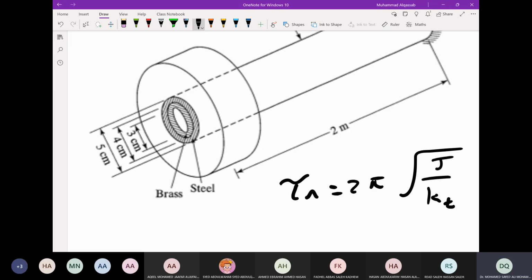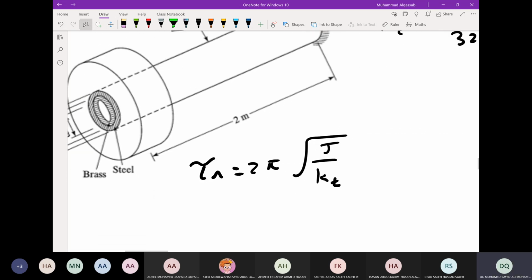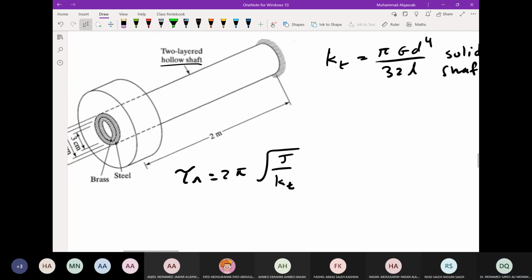So you need to find the stiffness, and those are, let's say, welded together. So they have the same angle of twist. And if they have the same angle of twist, it means that they are in parallel. So KT becomes KT of the brass plus KT of steel.